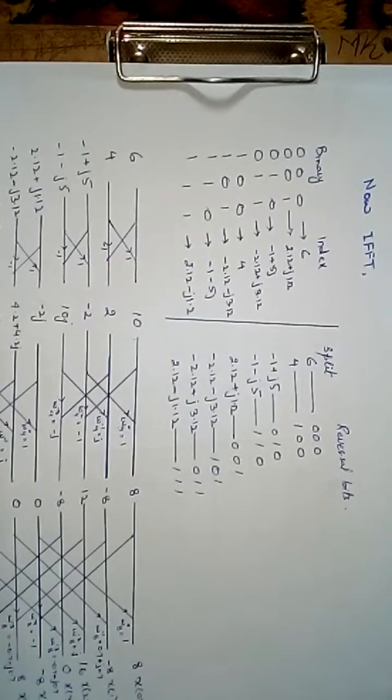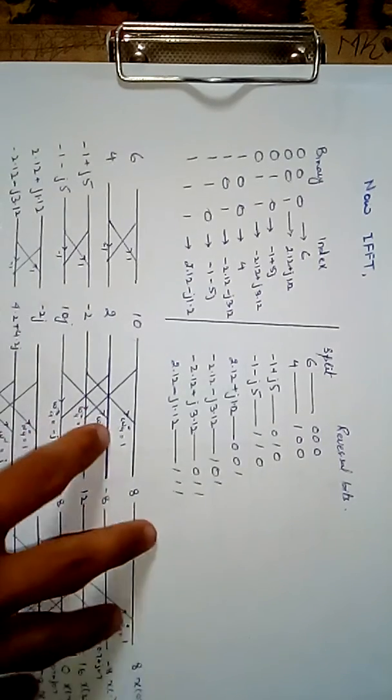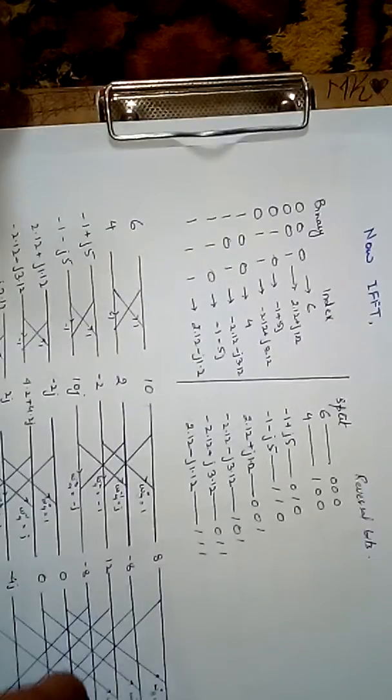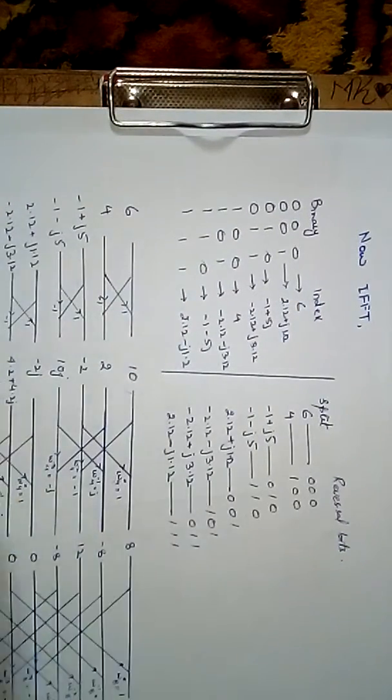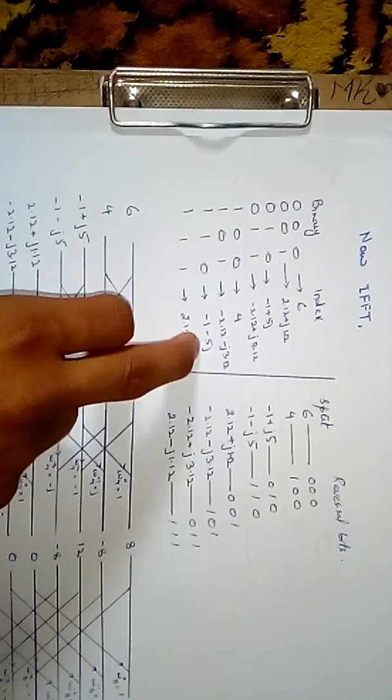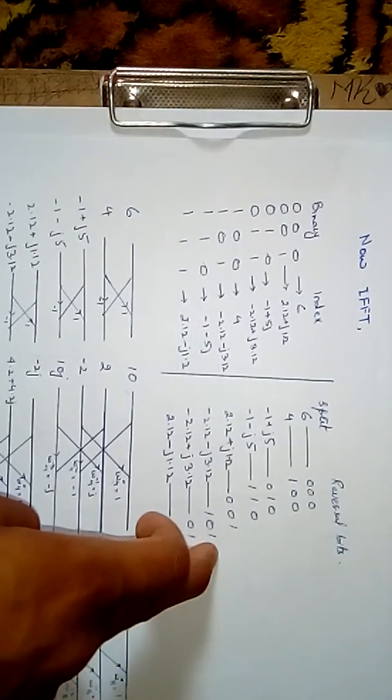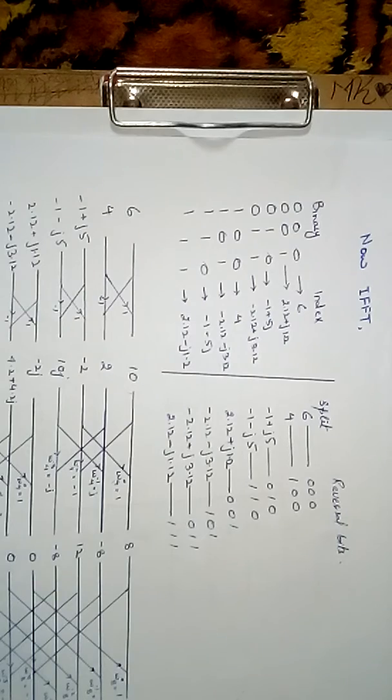Now I apply the inverse fast Fourier transform to see its effect on the original signal. This explains the index matching, and this explains the reverse bit as I explained earlier.